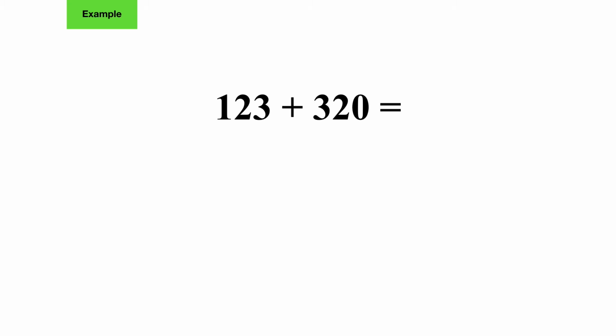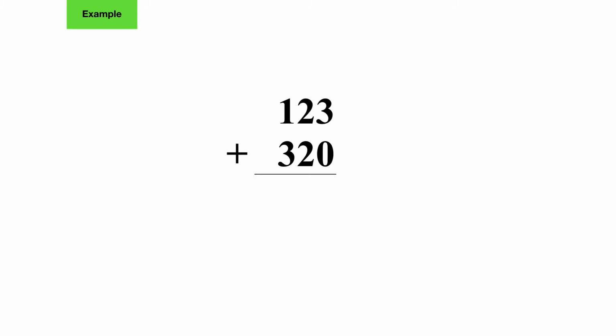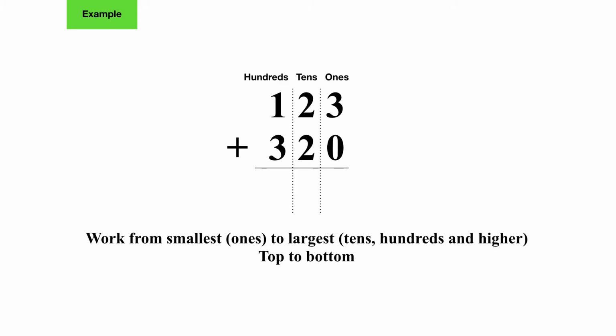What if we have a bigger number, like 123 plus 320? Well, we're still going to write our numbers underneath each other, and we're still going to add them together, and we're going to have an answer below the line. But we are now going to just divide our number into bigger place values, starting again, working from smallest to largest, top to bottom.